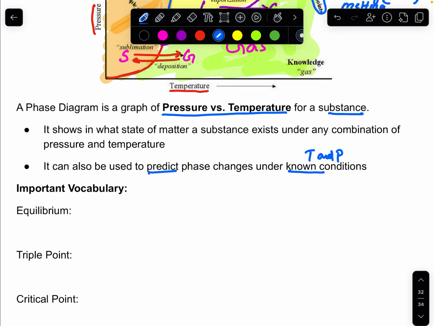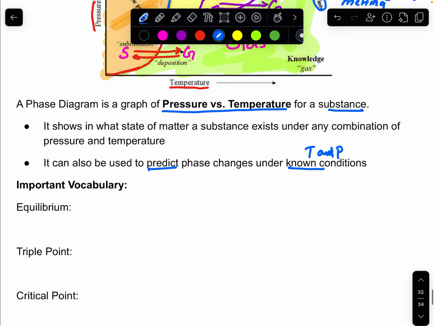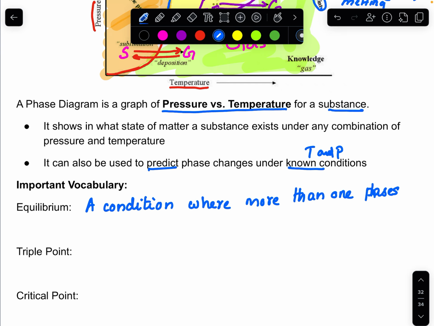Go ahead and write: a condition where more than one phase exists together.